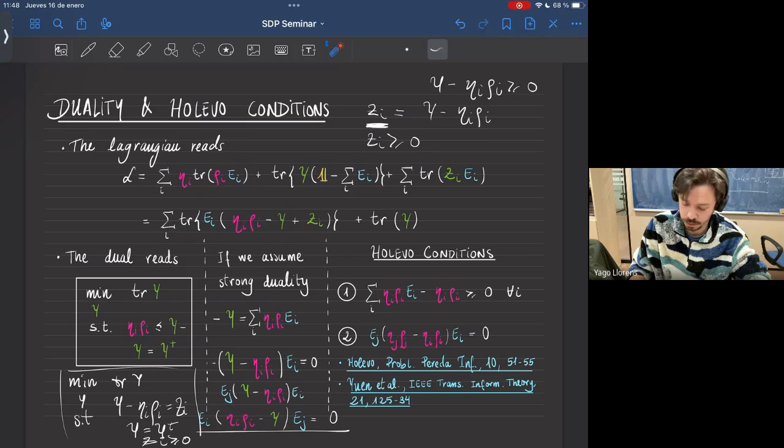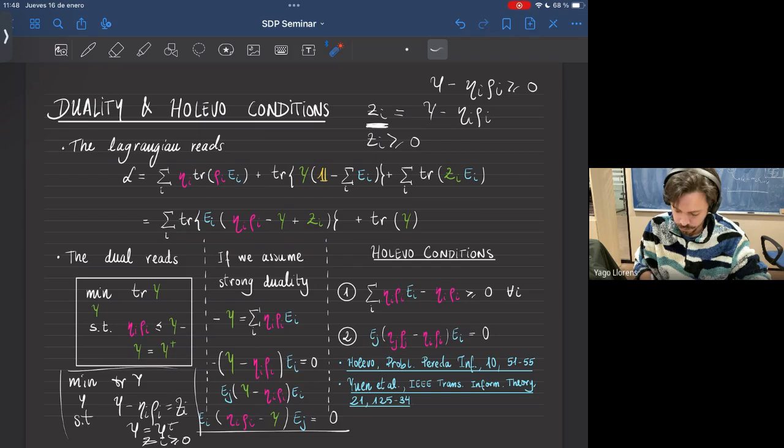This is easy to see. Then, if we want this to be equal to 0 in order to have the same output for the primal and the dual, we need this multiplication of matrices to be equal to the zero matrix.